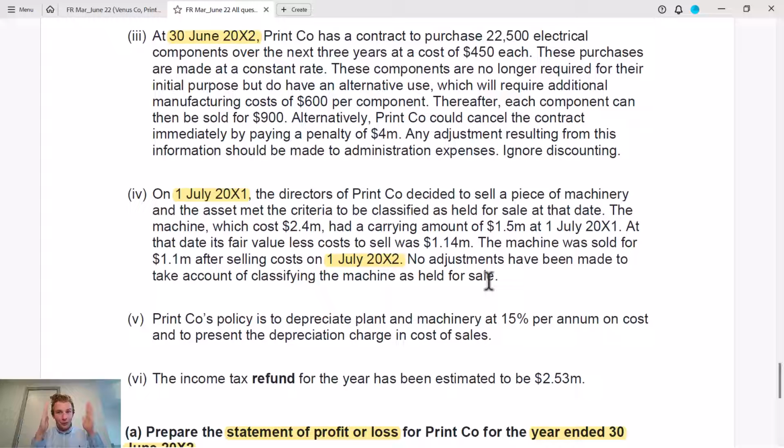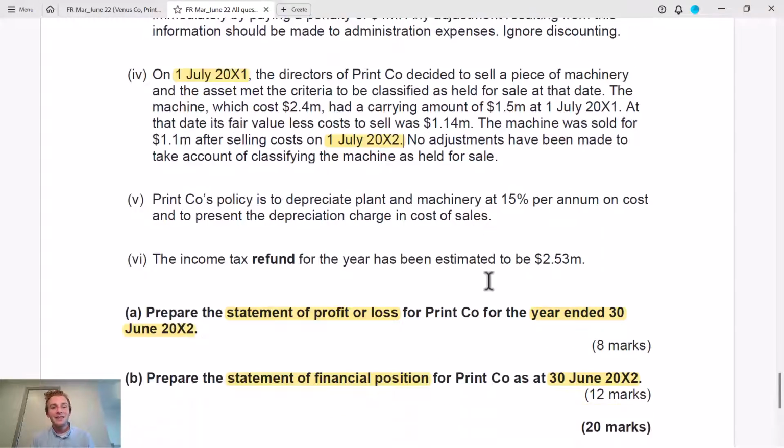So this is not within the current accounting period that we've been asked to actually prepare the statement of profit and loss and statement of financial position for. This is in the following period, and this is where we have different assets on here.